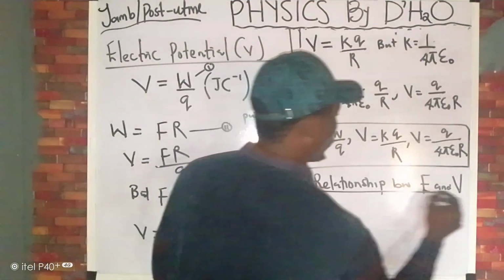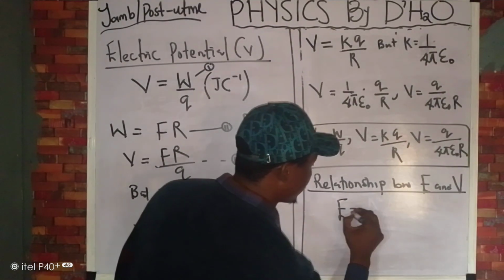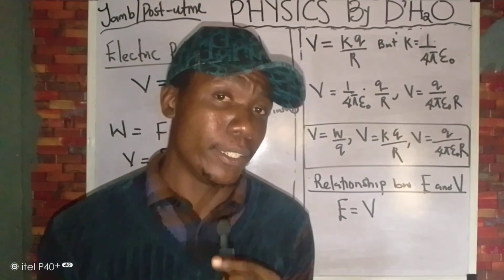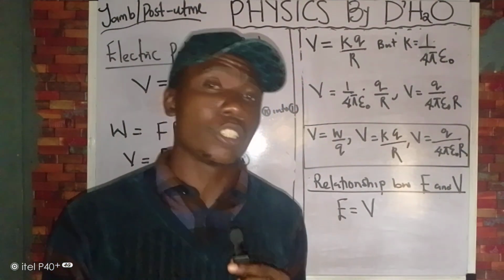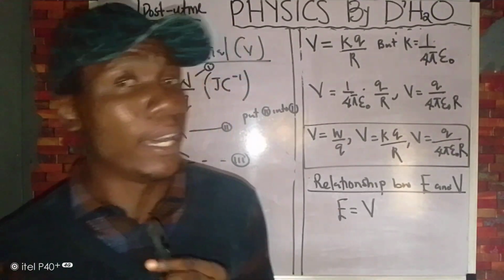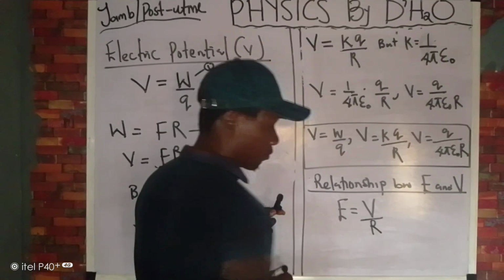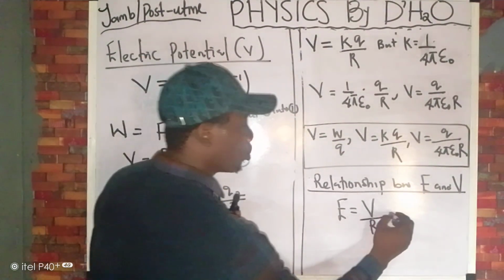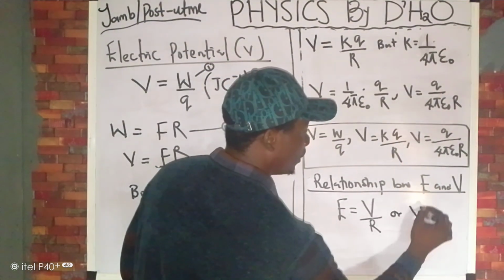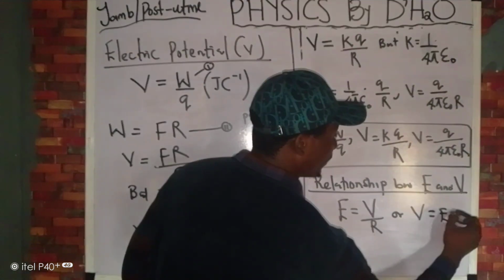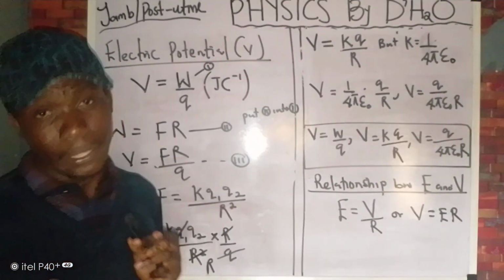The relationship between them is that electric field intensity is equal to electric potential, which can also be called potential difference. So take note of that. Electric potential can also be called potential difference. So E equals potential difference over distance. Or you can cross multiply to say electric potential is your electric field intensity times your distance. Are you seeing it now?